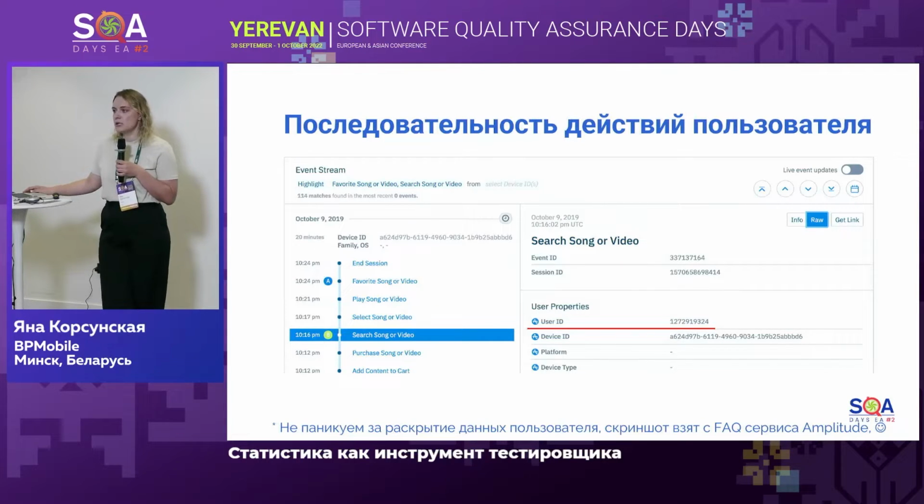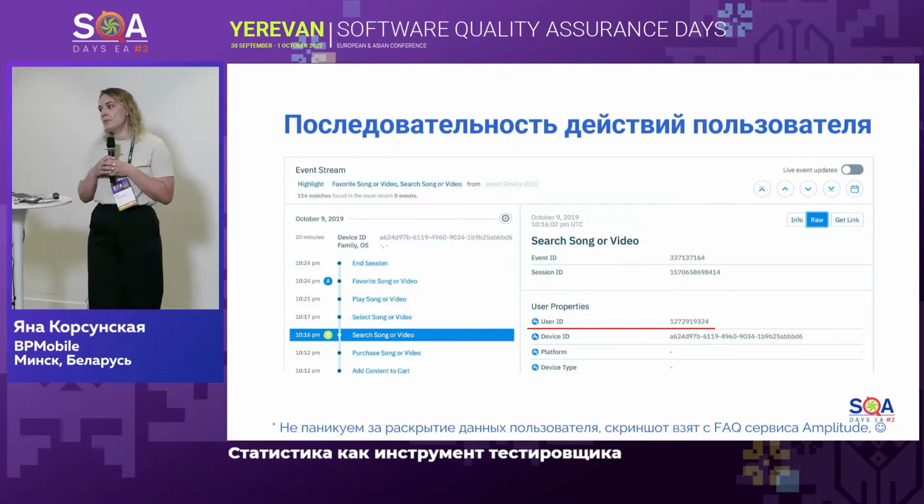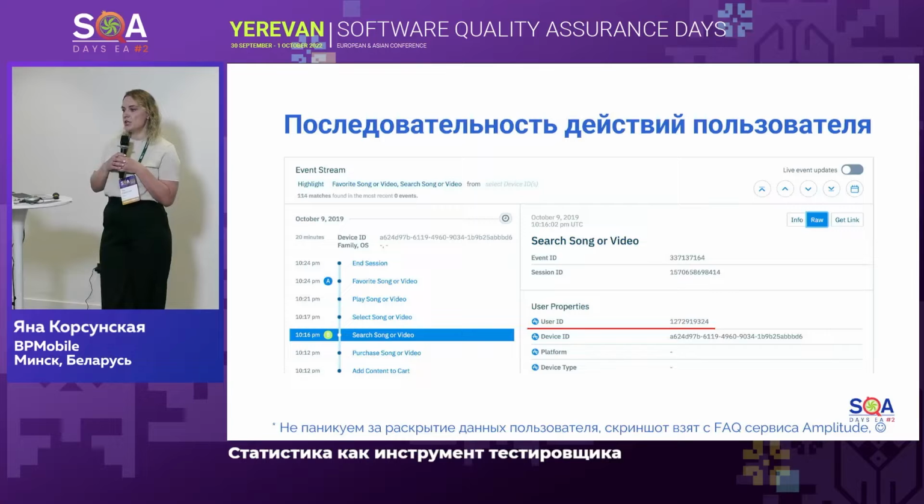Basically, what we see here is we have a user ID that the statistical service uses to understand and aggregate data of the user.